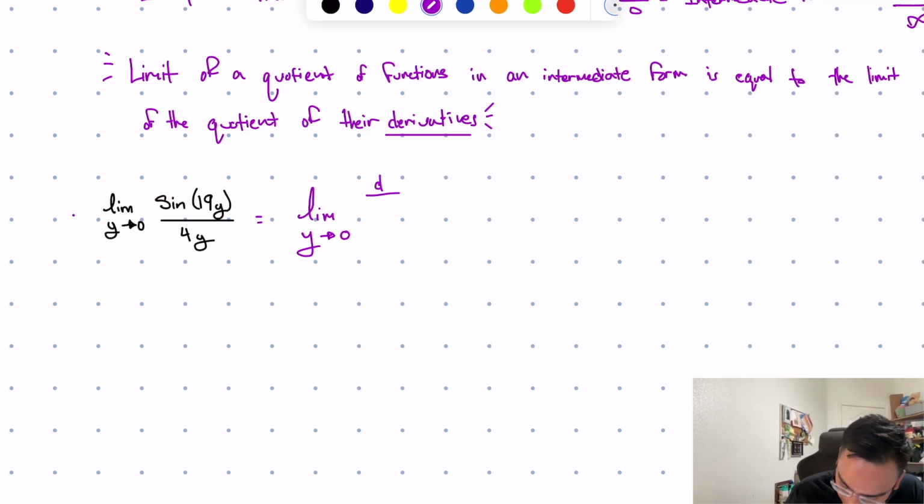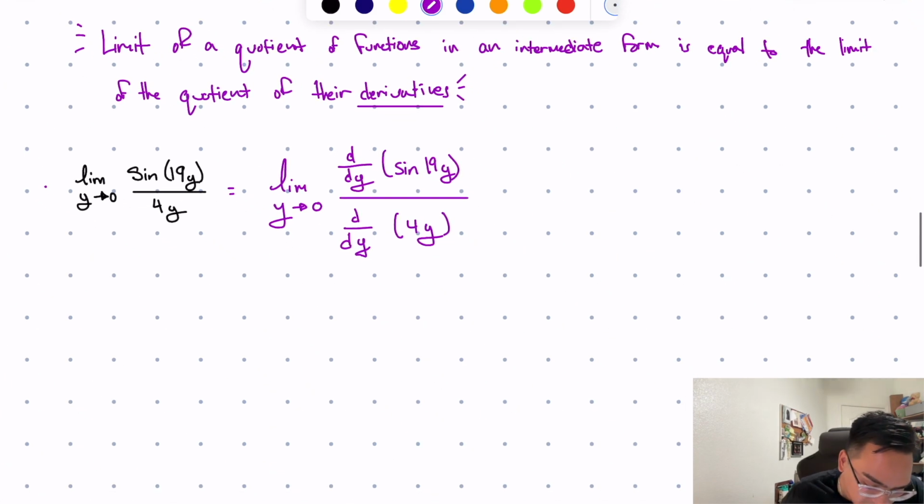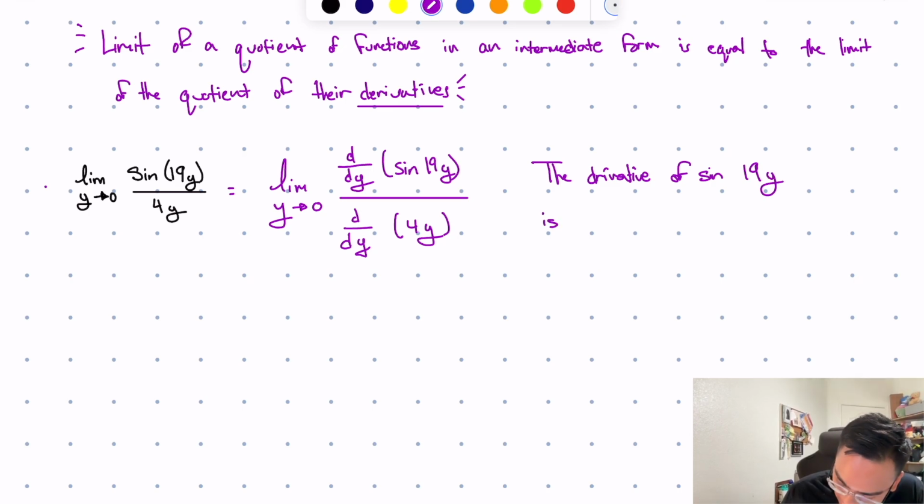Find the derivatives, so d over dy of the sine of 19y, and the derivative of 4y. The derivative of sine 19y is pretty simple. It's just 19 times cosine of 19y.